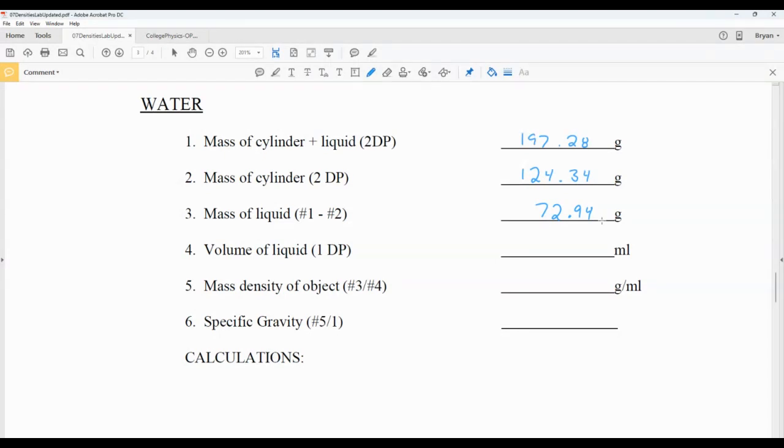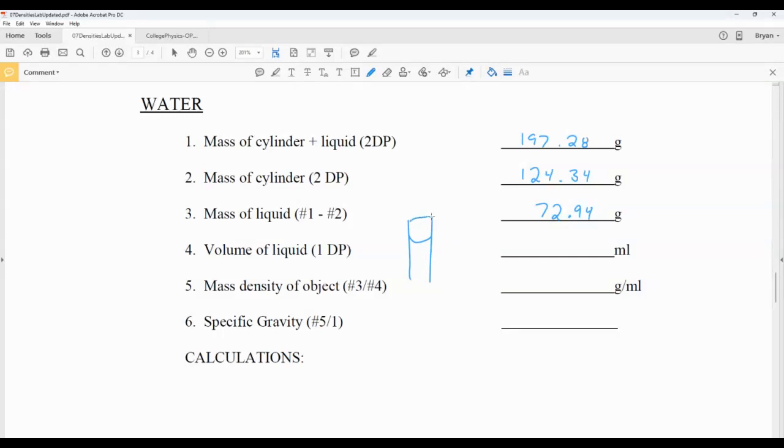Now, the volume of the liquid you can read directly from the graduated cylinder itself. Water in a graduated cylinder makes a dip, so it has a concave shape called a meniscus. Water has high adhesive forces, so the water sticks to the sides of the graduated cylinder.